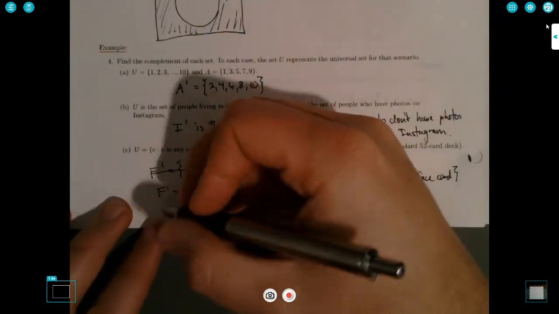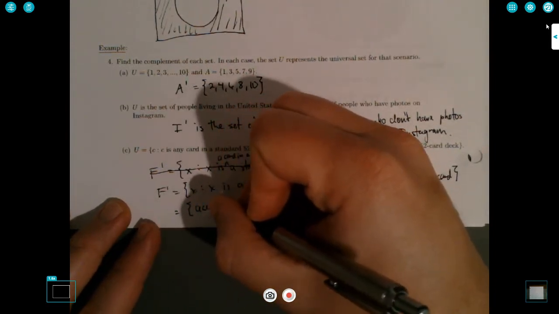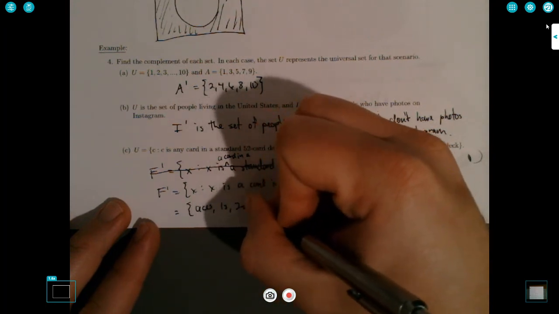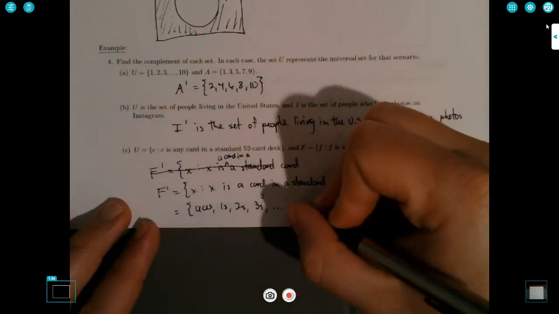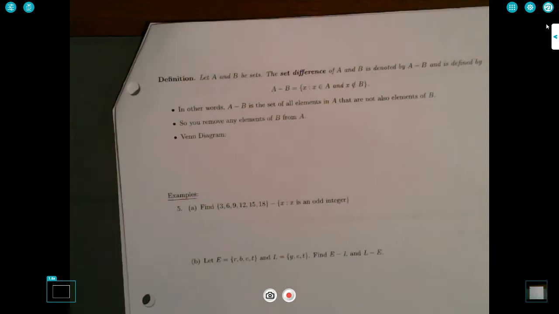Another way you could say it is all of your aces, ones, twos, threes, all the way up to tens. That would be the same set. Okay, very good. So that's complements.